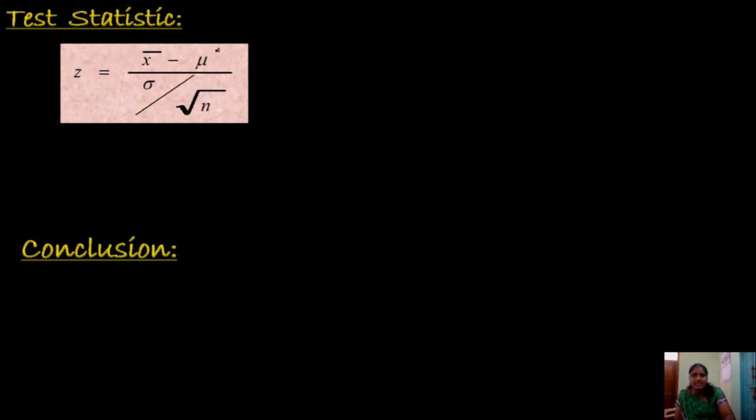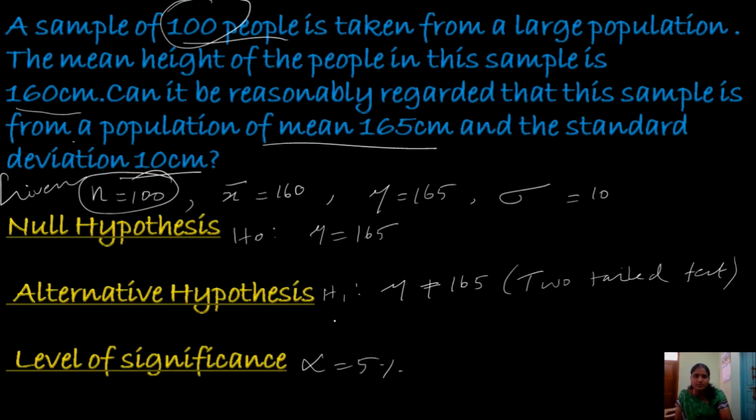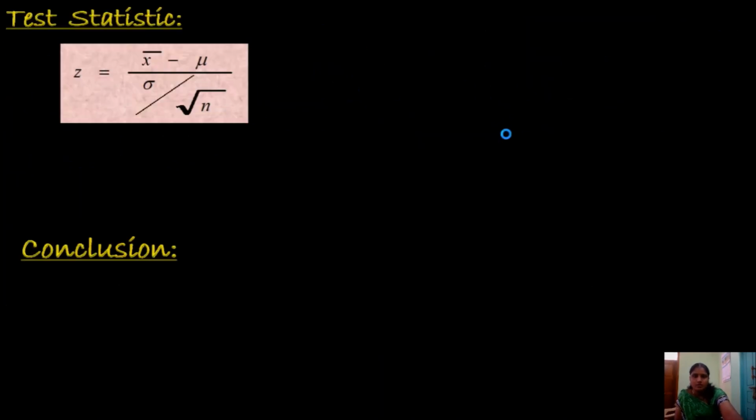So the test statistic here we have used, under H naught, Z is equal to x bar minus mu over sigma by root n. So the value of x bar and mu is 160 and 165. So 160 minus 165 over sigma.